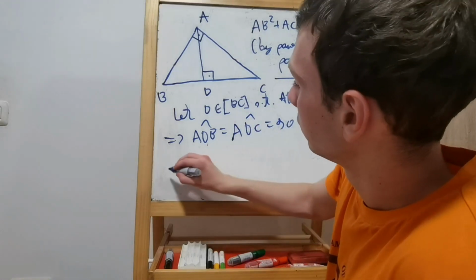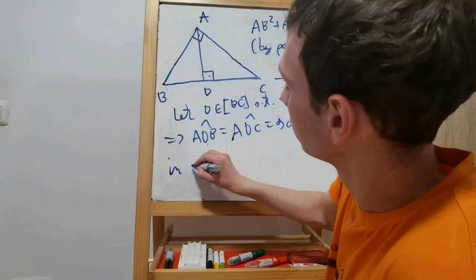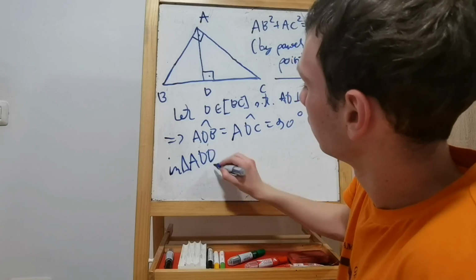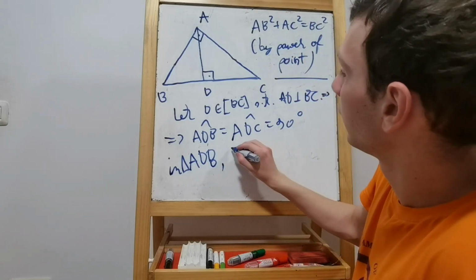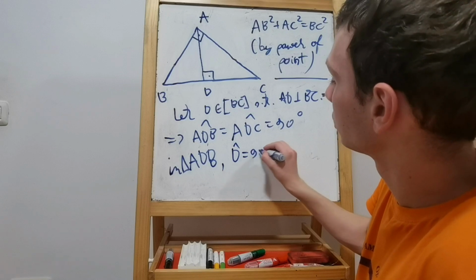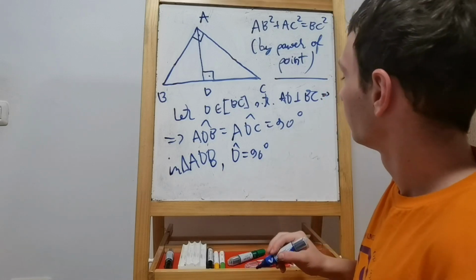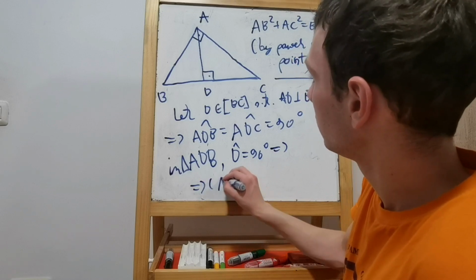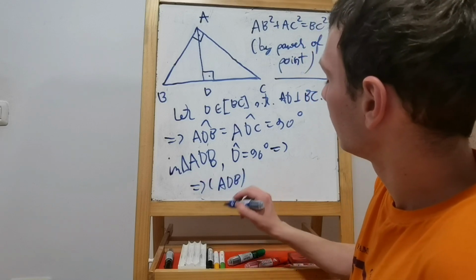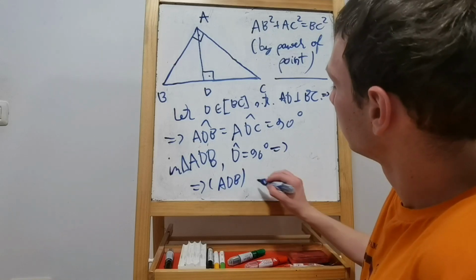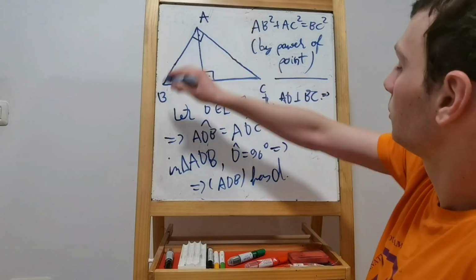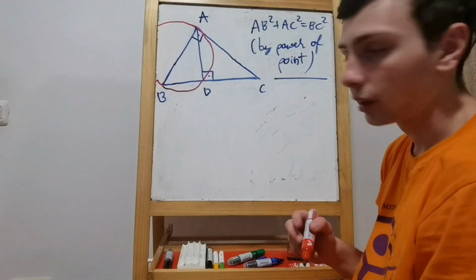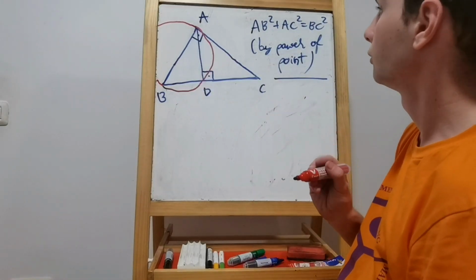Now, if in triangle ADB we have that D has a measure of 90 degrees, then that means circle ADB has diameter AB. Alright, so I've drawn out the circle for you.